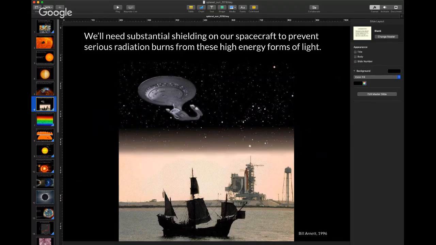I just kind of like this picture. I think it nicely encapsulates several millennia of travel. So we start off with the old clipper ships, wind-powered sails there in the front, and in the background is an approximation of where we are currently, where we blast off shuttles. That is the space shuttle there, blasting off into near-Earth orbit.